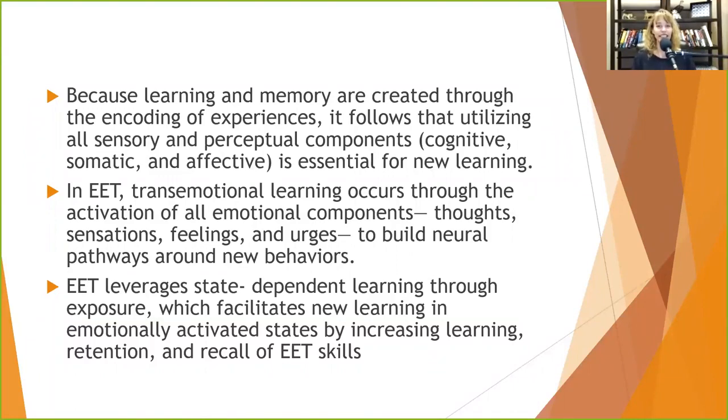In EET, trans-emotional learning occurs through the activation of all emotional components. So trans-emotional, the way they use it, is referring to all the components of emotion, which are thoughts, sensations, feelings, and urges, in order to build these neural pathways, memories, around new behaviors. We typically have sort of a knee-jerk reaction to a lot of different things.